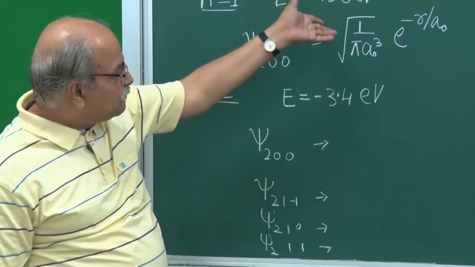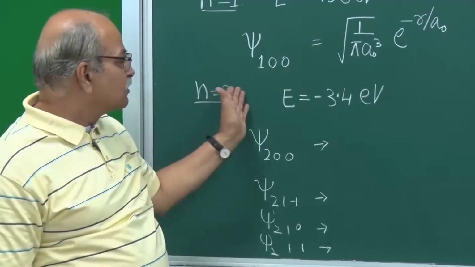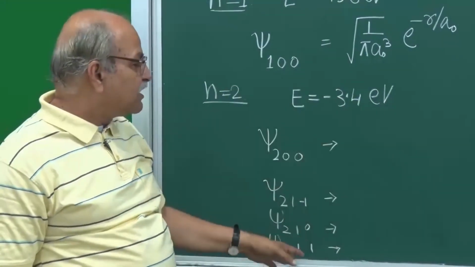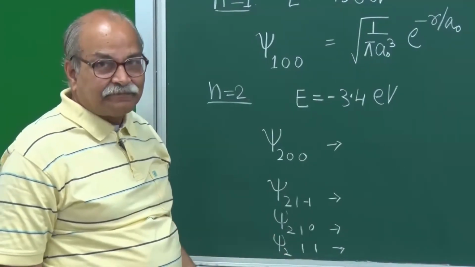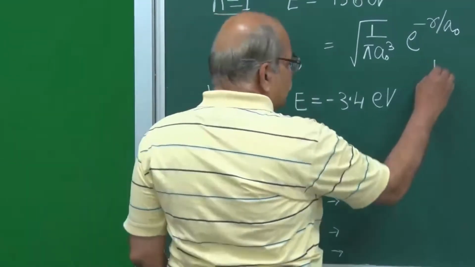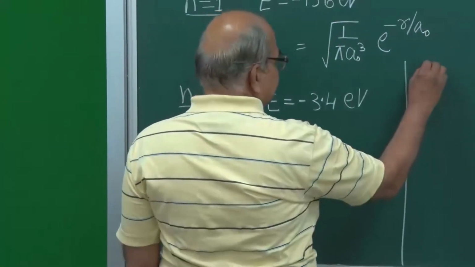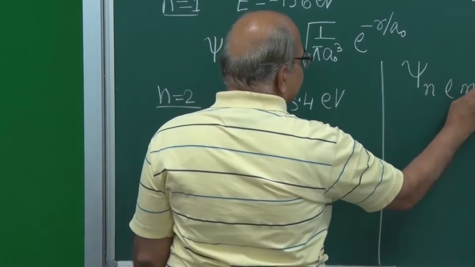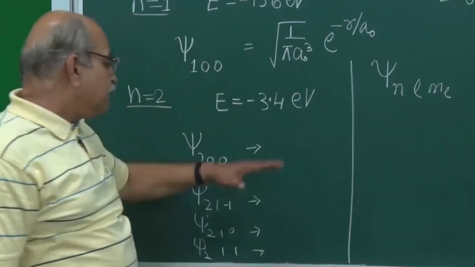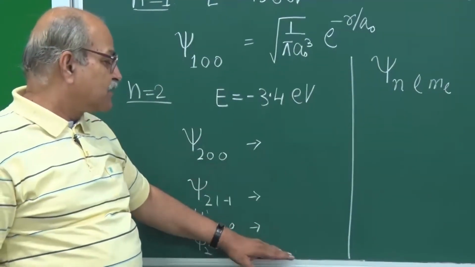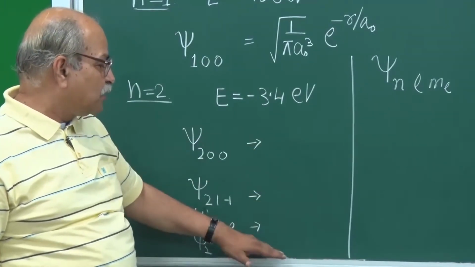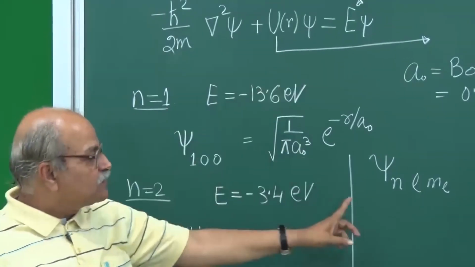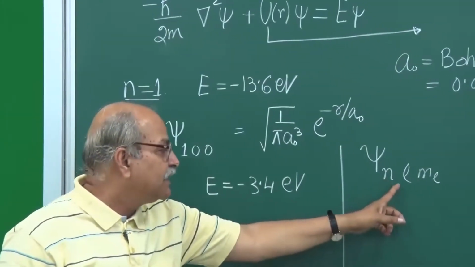Similarly, if you go for other energies, n equal to 3, n equal to 4, the number of independent wave functions will keep on increasing. So what we write is psi n, L and ml. These allowed wave functions which correspond to a fixed energy can be written in terms of these 3 parameters n, L and ml.